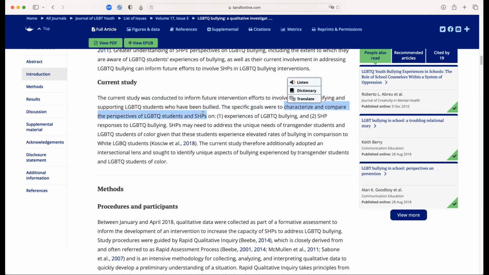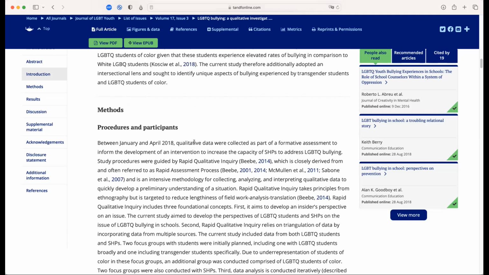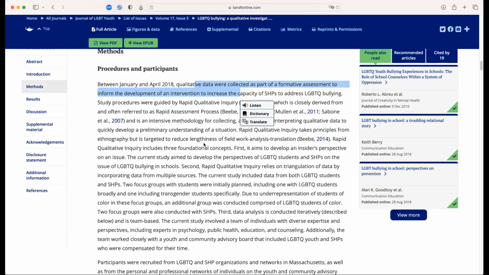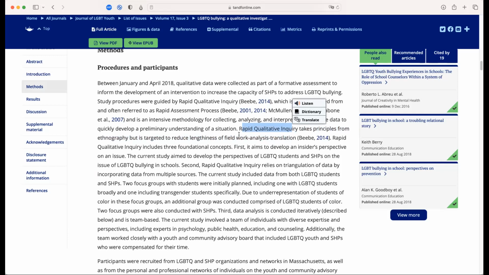They wanted to characterize and compare the perspectives of two groups on two topics. All right. Well, if they're doing this because it hasn't been done in the literature, usually your first step will be to do a qualitative study. And they tell us a little bit more here. They were using this particular guide, the rapid qualitative inquiry.